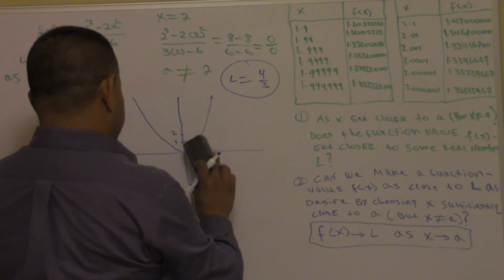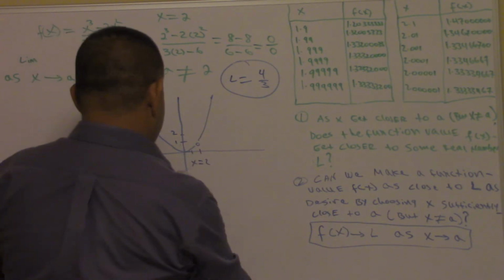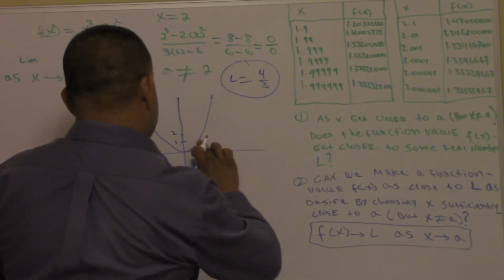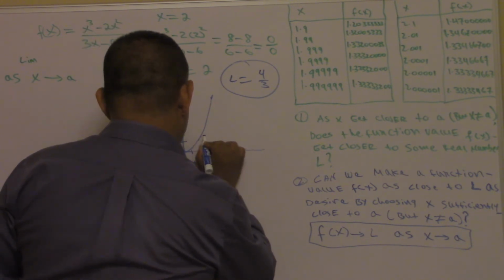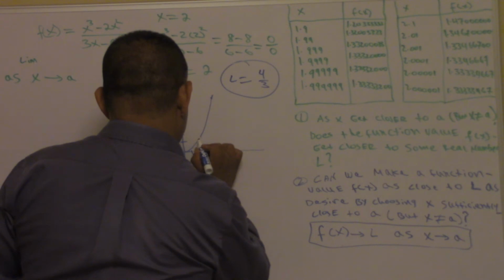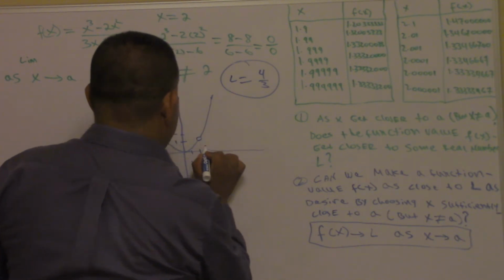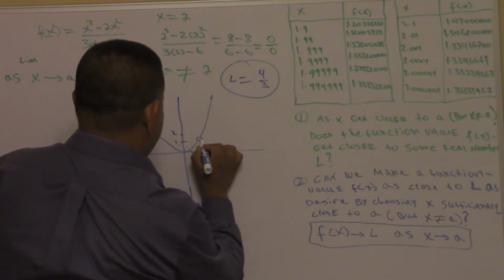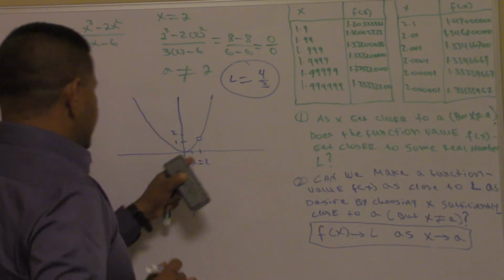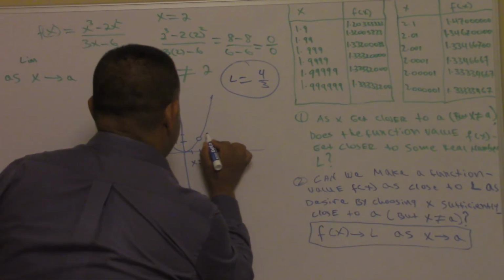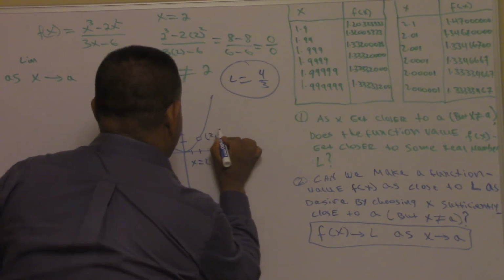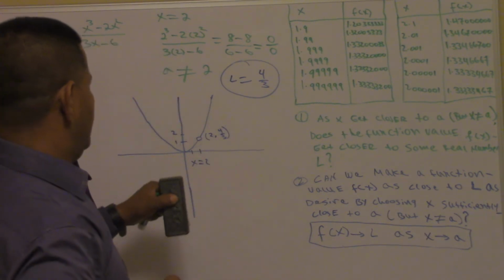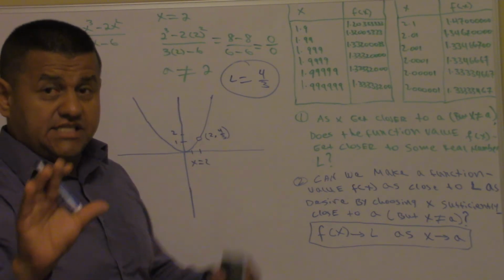Hold on a second, let me see. It's going to be up a little bit. At x equal 2, this limiting real number is 2 comma 4/3, right?